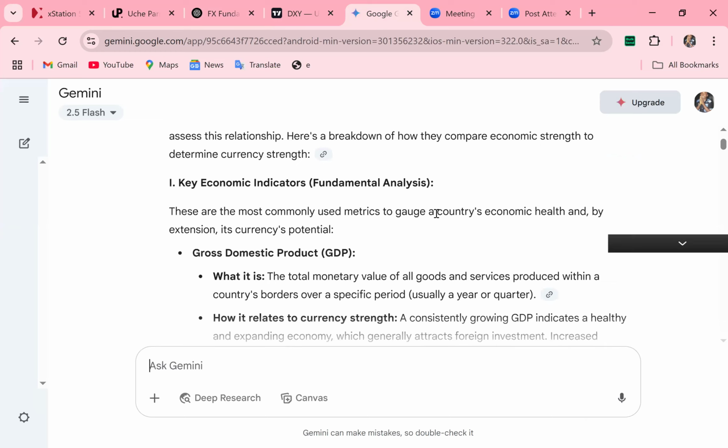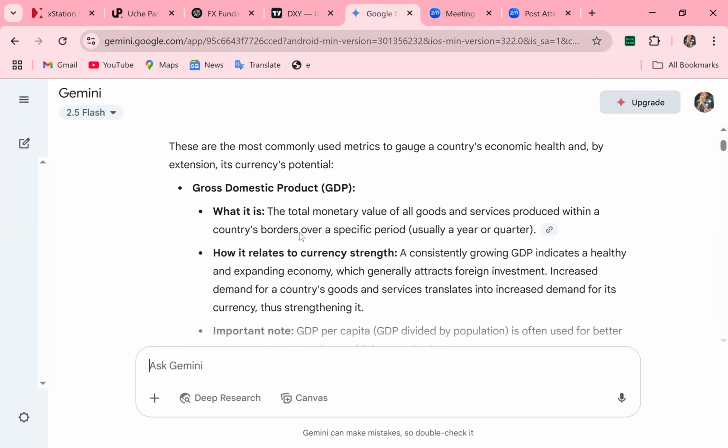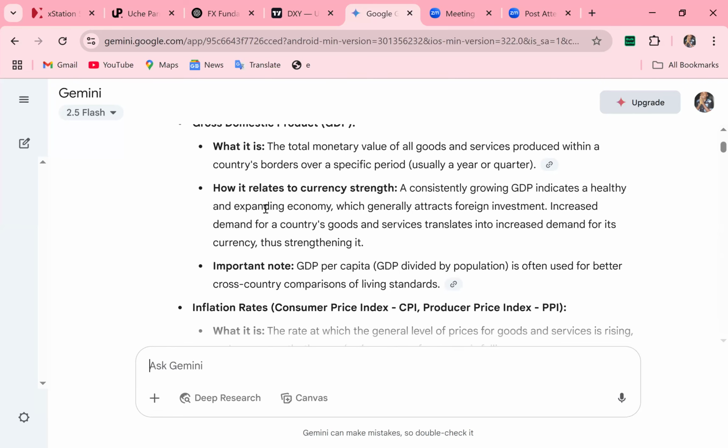Here is a breakdown of how you can compare the economic strength to determine the currency strength. One, we're talking about the gross domestic product, and how it relates to currency strength. I said it before, so I don't want to repeat it, but let me use one as an example.